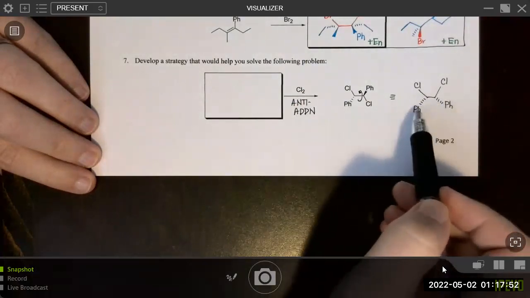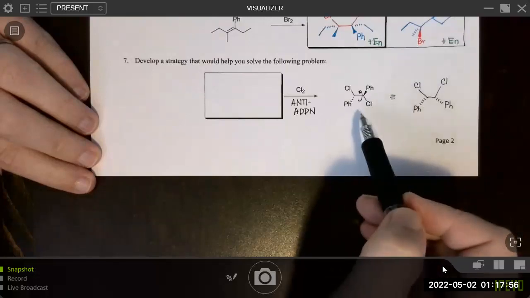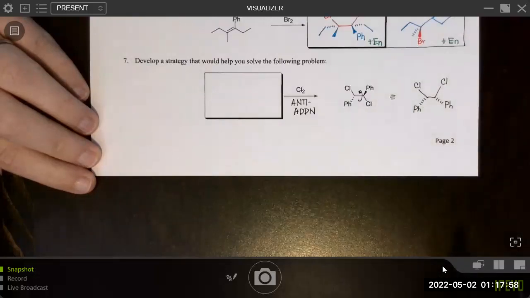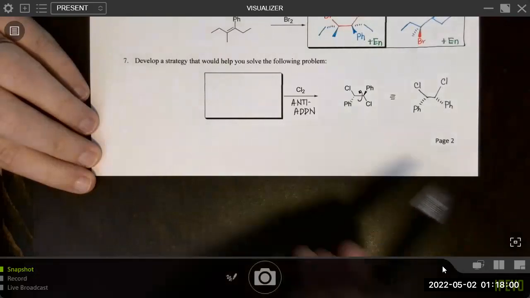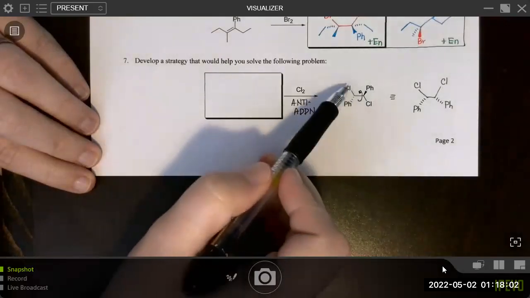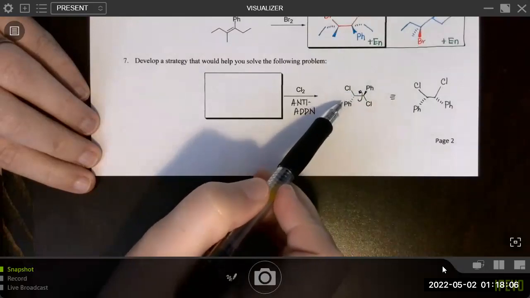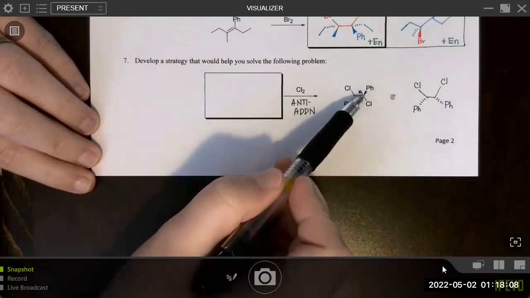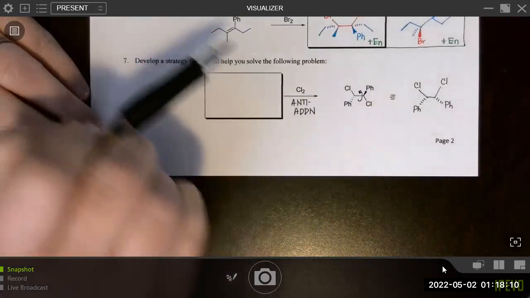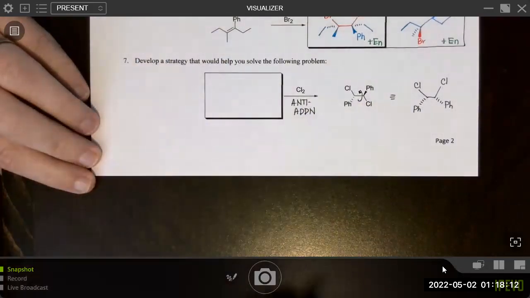Right? They look like they're on the same side, but that means that they would have been on opposite sides of the pi bond originally. Or because it's anti-addition, you could think, oh, these are nicely drawn anti. Then the relative position of this would be the same, right? One would be on one side of the pi bond and the other would be on the other side of the pi bond.